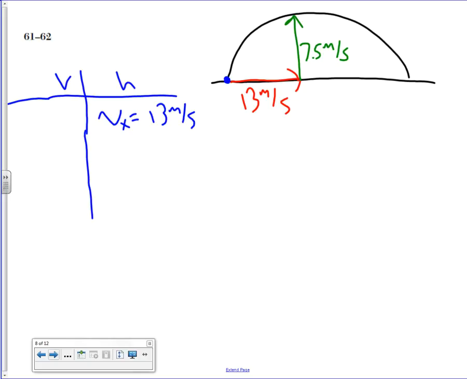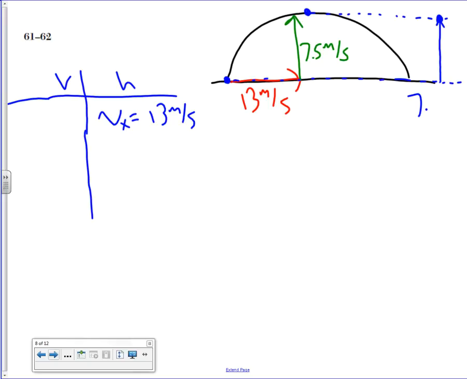We know we have a starting point, and then we know at the top we're going to be moving at 0 meters per second, at least vertically, because that's when it's changing direction. So if we bring this over, just looking at the vertical component, I'm launching it up with an initial velocity of 7.5 meters per second, and it's going to reach a height.